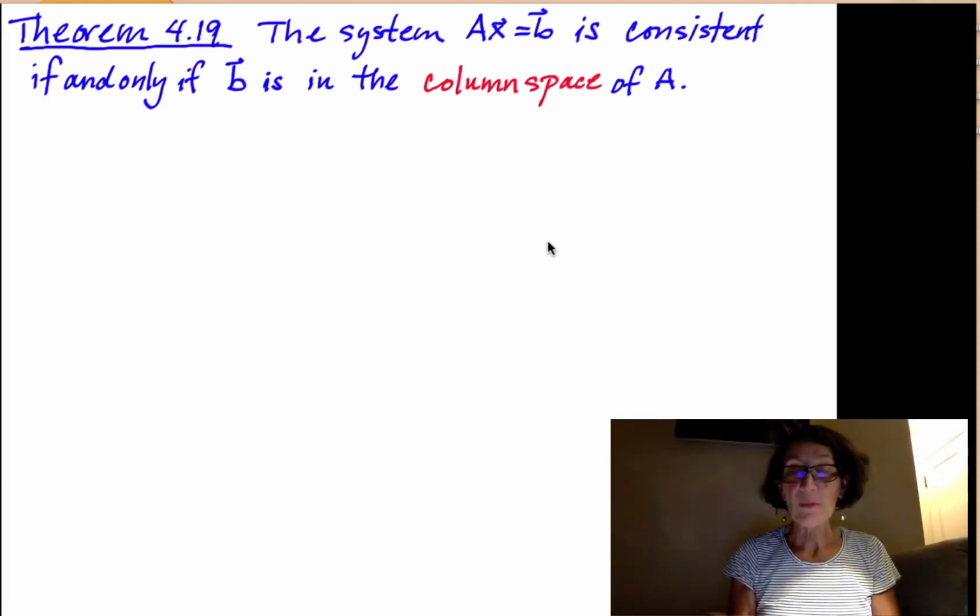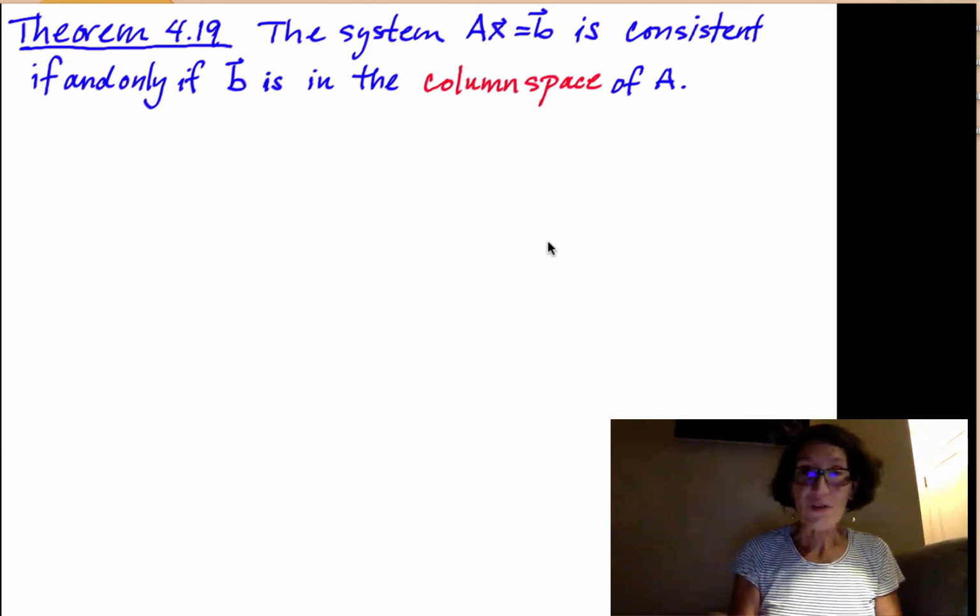Remember, A is m by n, so the unknown or solution vector x is from Rn, and when we multiply an m by n matrix times an n by 1 matrix, we get an m by 1 matrix, and that means b is in Rm.